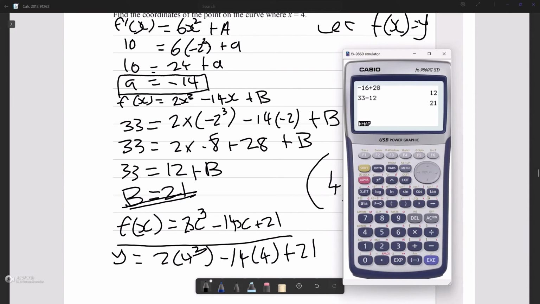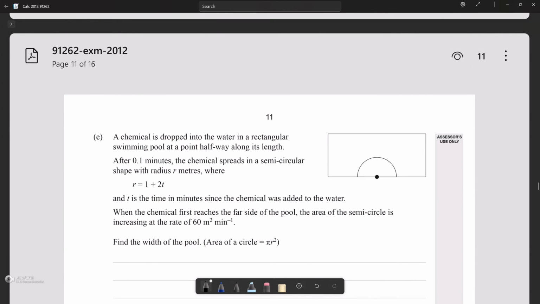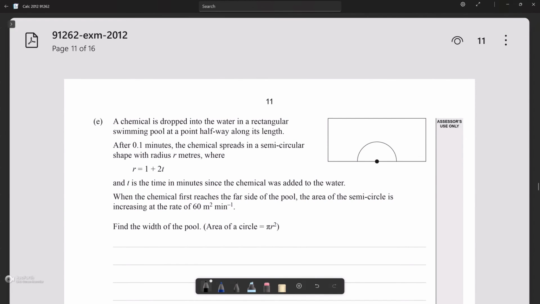So I'm just going to get the coordinate ready: 4 comma 2 times bracket 4 to the power of 3 minus bracket 14 times 4 plus 21, which is 93. That's 4 comma 93. That's the point.